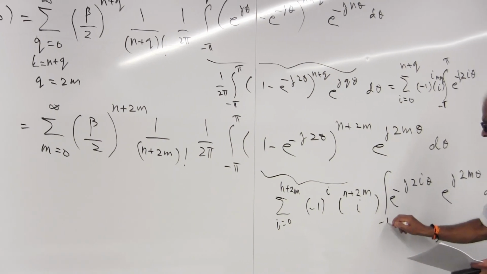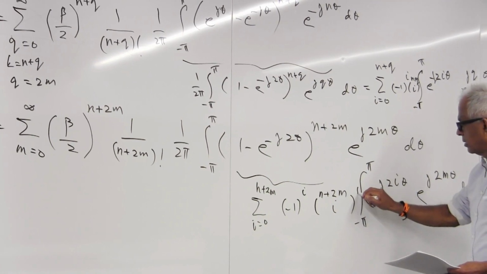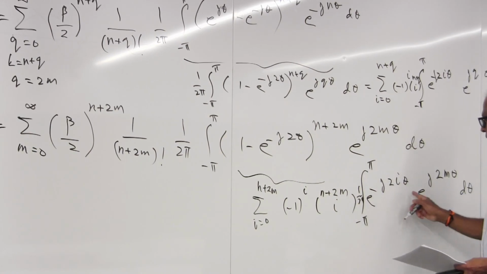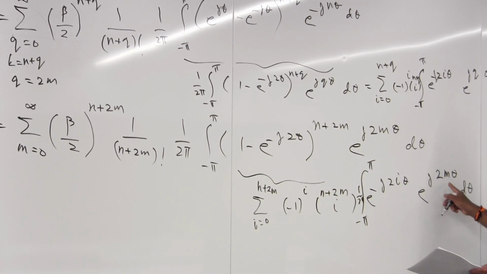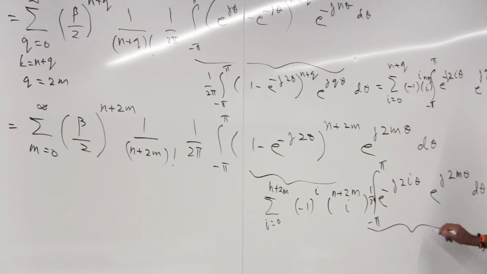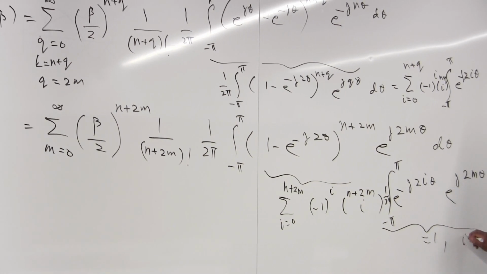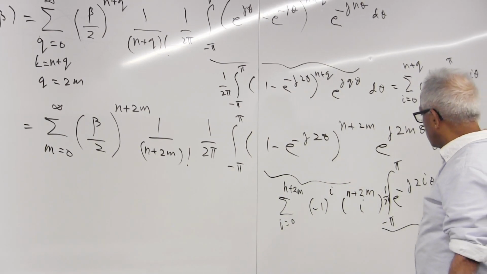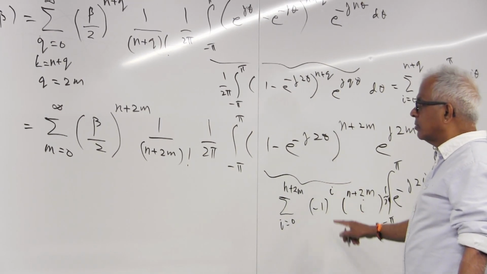And there is an integral here, minus pi to pi, 1 over 2 pi. You can see this integral will only have value when m hits I, and all other values will be 0. So this will be 1 when the variable I is m. That's the only contribution, so we'll put I equal to m.